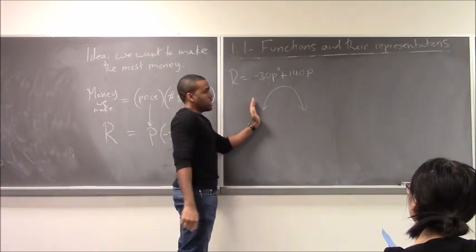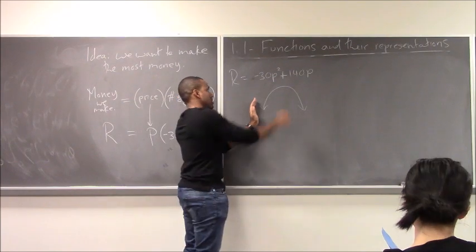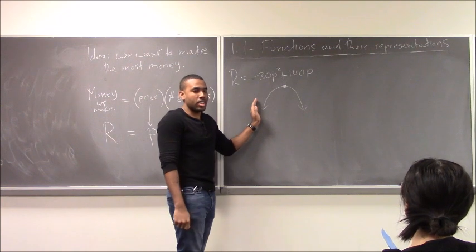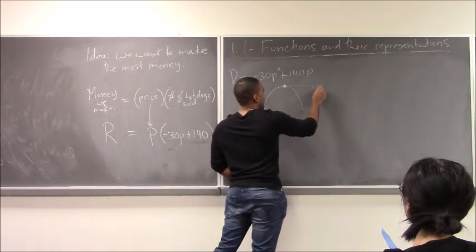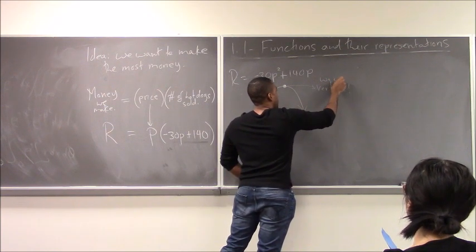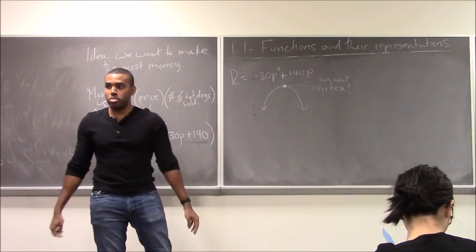And if that's the picture that talks about how much money I make, which point do I care about? This point, the biggest point. What do you call that? That's called a vertex. Right? We want the vertex. How do you find the vertex of a parabola?